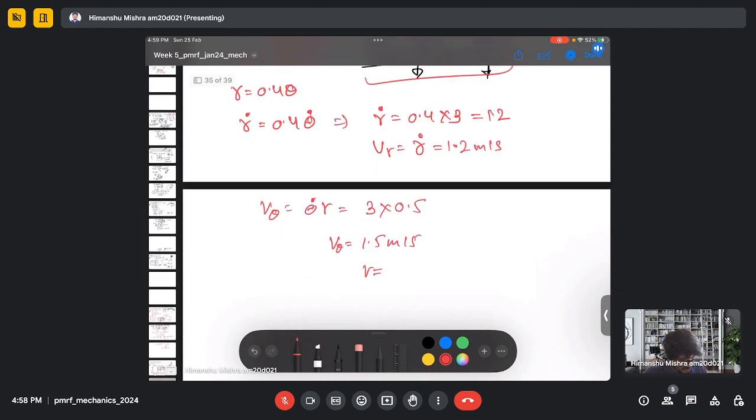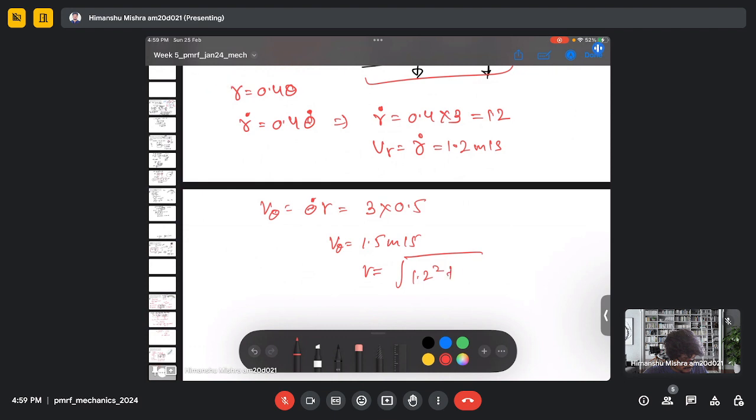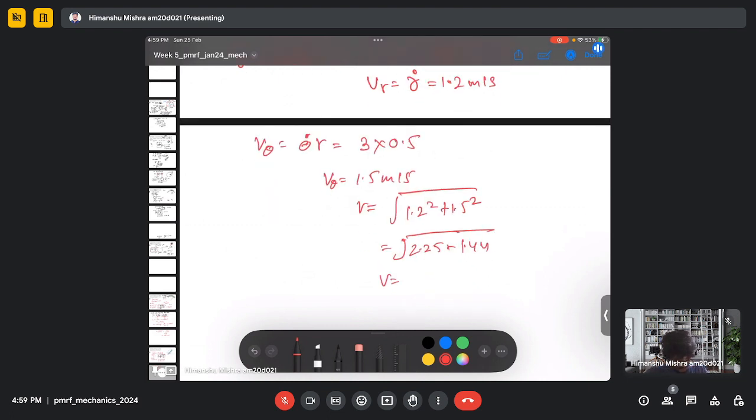So my magnitude is root of 1.2 square plus 1.5 square. So my velocity is 1.92 meter per second.